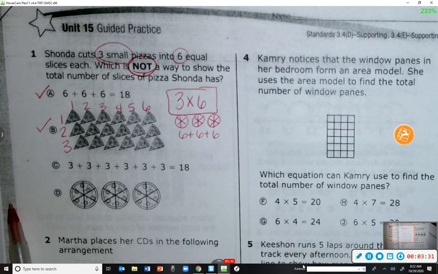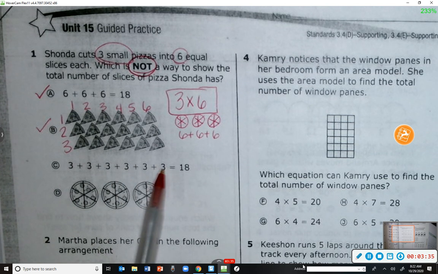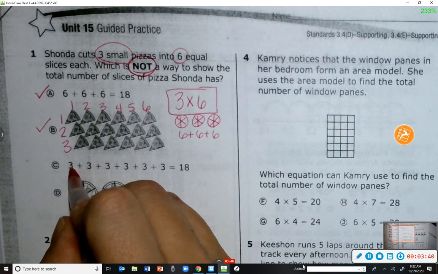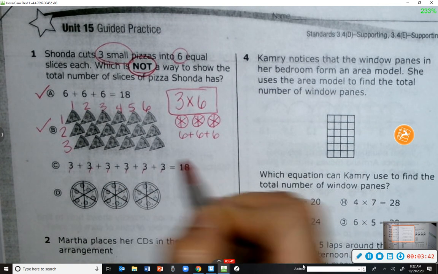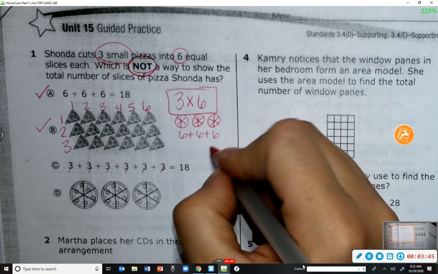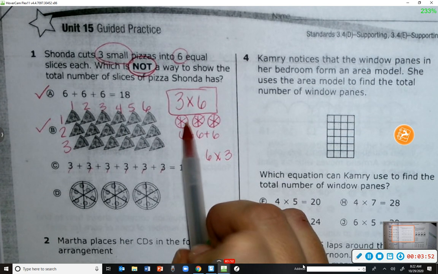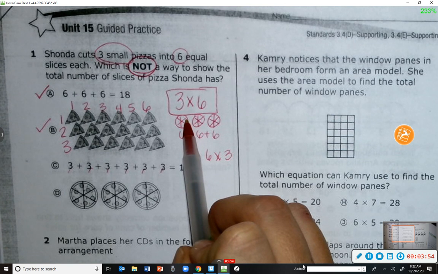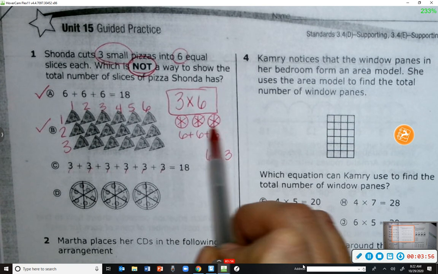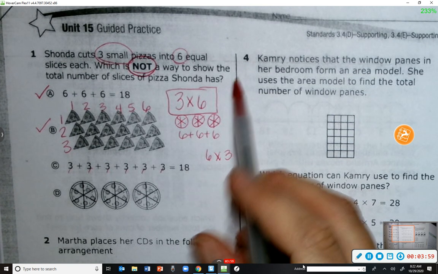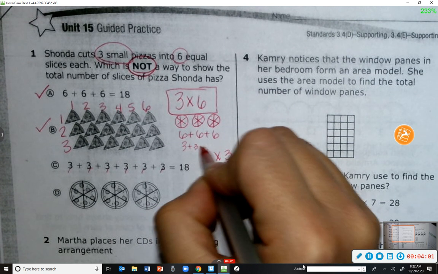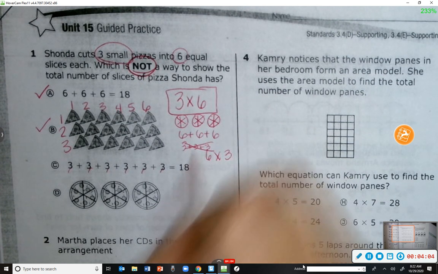C. 3 plus 3 plus 3 plus 3 plus 3 plus 3. No. Even though we could, let's see, 1, 2, 3, 4, 5, 6. If we had flipped this around, we could have said that. But if I'm actually drawing out what the problem says, 3 pizzas with 6 slices, I'm not going to add up 3 plus 3 plus 3 plus 3 because that's not what my picture shows.